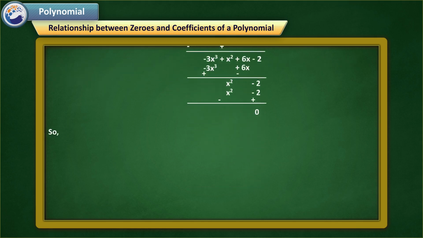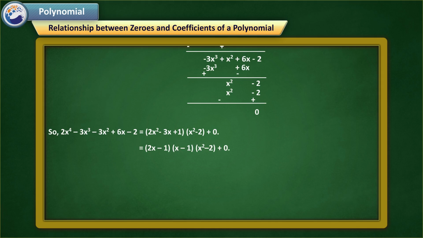Therefore, 2x raised to 4 minus 3x cubed minus 3x squared plus 6x minus 2 is equal to 2x squared minus 3x plus 1 into x squared minus 2 plus 0. Factorizing 2x squared minus 3x plus 1 as 2x minus 1 into x minus 1.